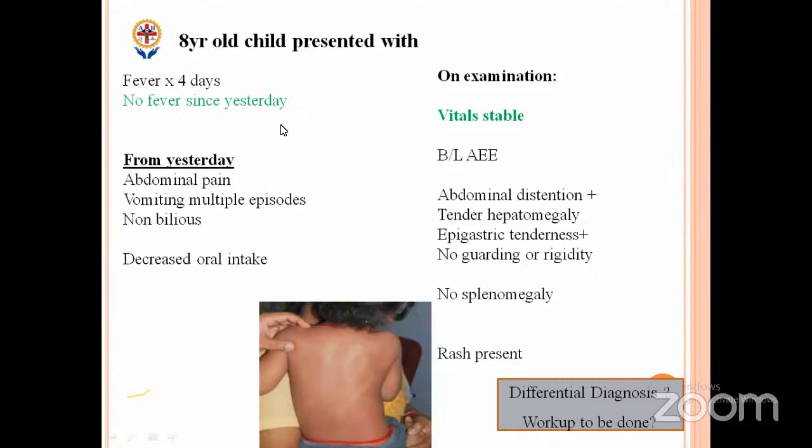Apart from that, among bacterial infections, one of the close DDs is scrub typhus, where the fever will be persistent. Rickettsial infection is one DD, and they are the close DDs. Apart from the routine fevers, you need to rule these out. Viral is the highest etiology, dengue is the first thing, and apart from rickettsial, even enteric is a possibility. So keep all the DDs in watch and plan the workup based on that.